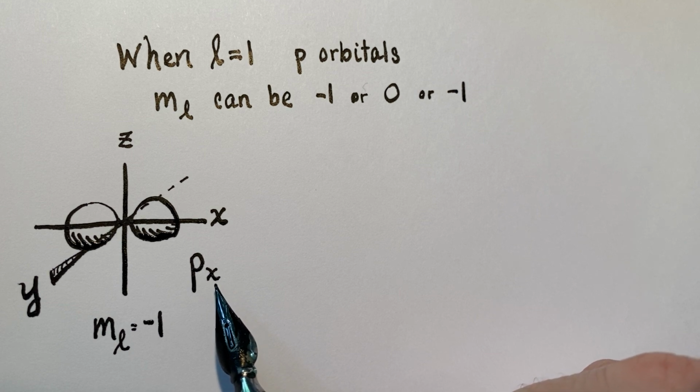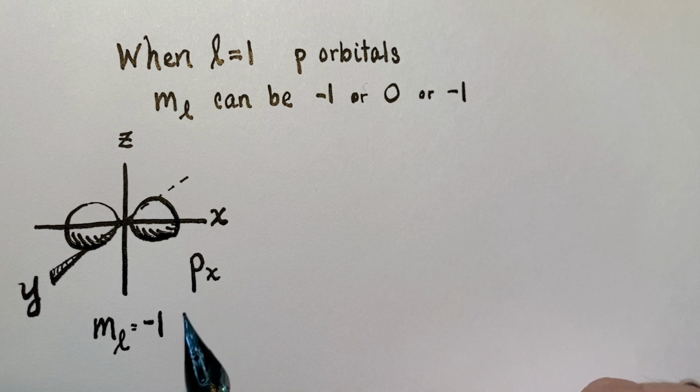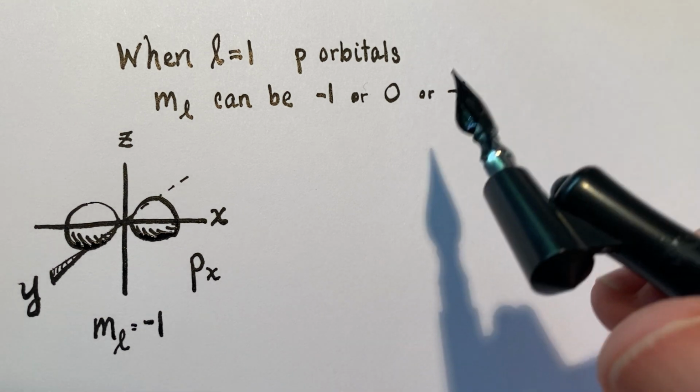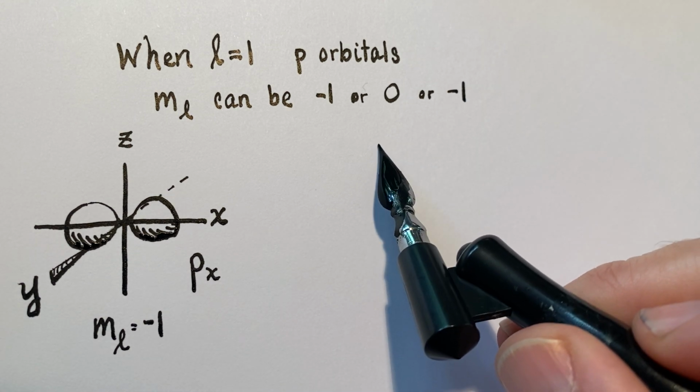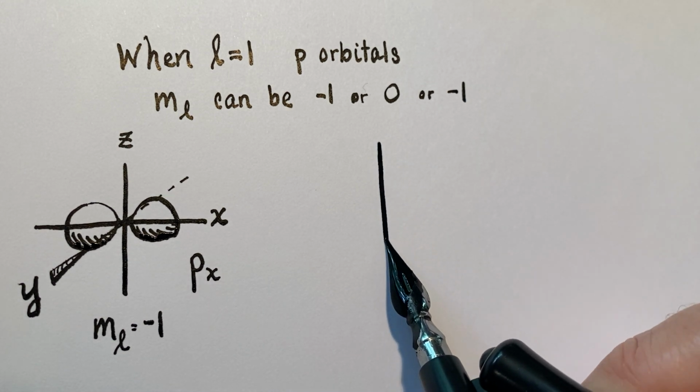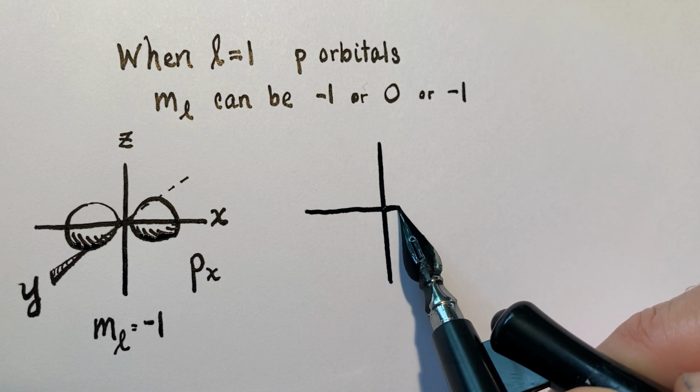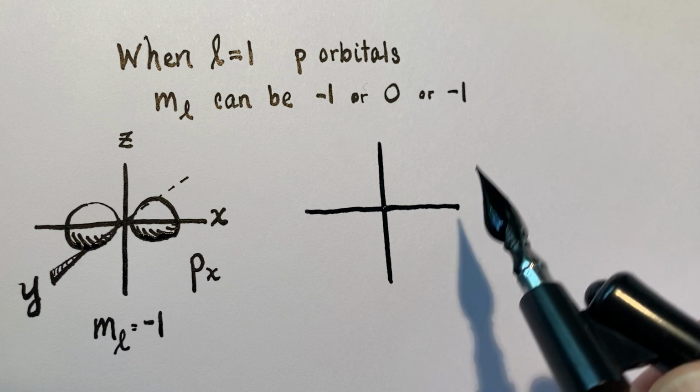If you're at an upper level and you're actually solving the Schrödinger equation, then it depends on how specifically you have defined your coordinate axis system. Okay. So we know that there are 3 orientations. There's our m sub l is minus 1. Here is our m sub l equals 0.